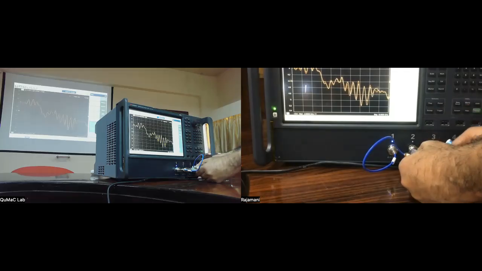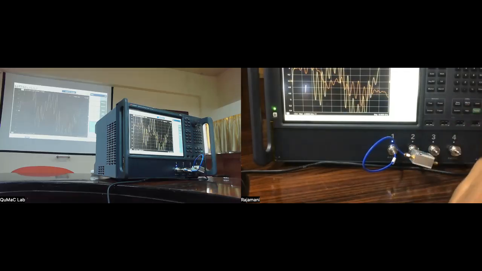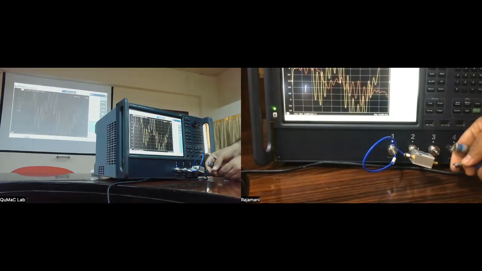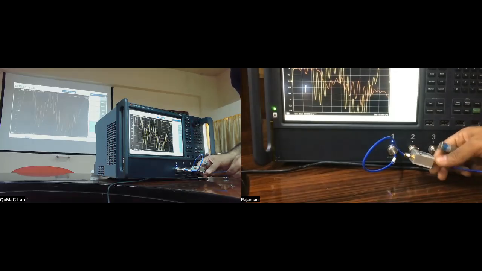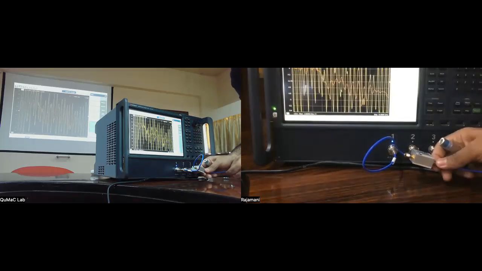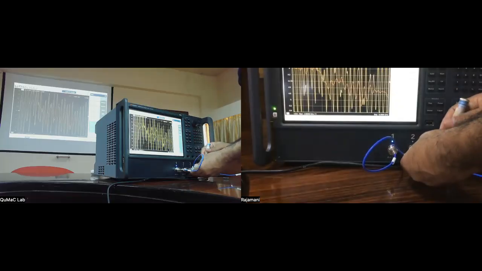Now to finish up this thing, let me connect the third port as well. And then we'll see how this device actually looks. Basically, we can look at all the scattering parameters.